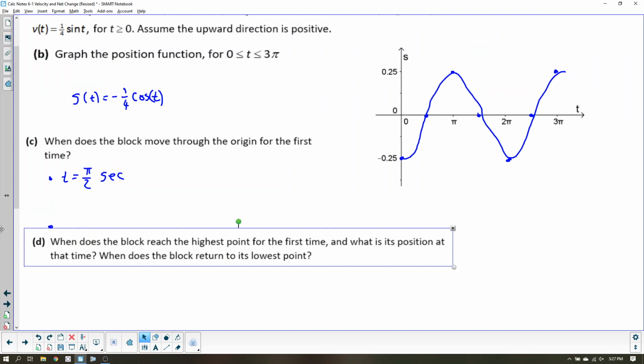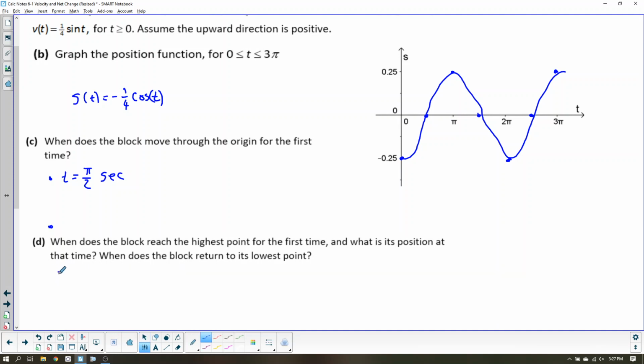The first time it hits the highest point would be at t equals pi. And what is the position at that time? At that time, s is equal to 0.25, and I think those were meters. So at pi seconds, it hit the highest point that it reaches, which is 0.25 meters above the origin.